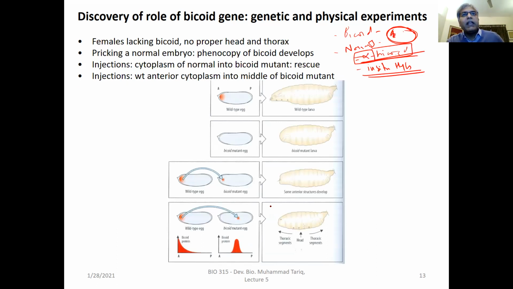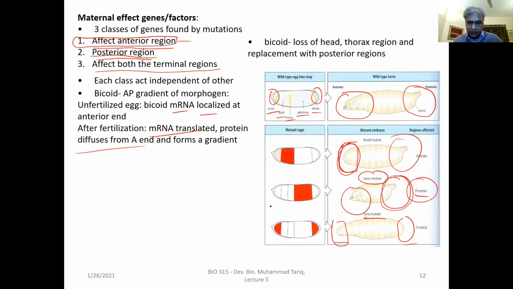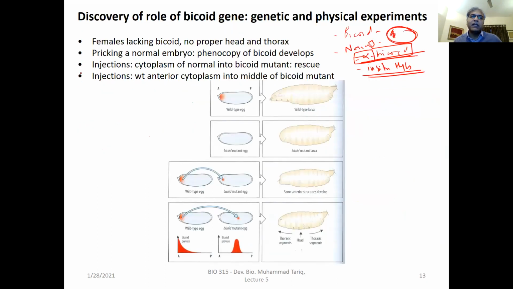Now, they did some very interesting experiments. Once they knew that bicoid mutant affects only the anterior region, they came up with the idea that there is something special in the anterior region. The experiments were, I would say, very intelligent, but very simple.